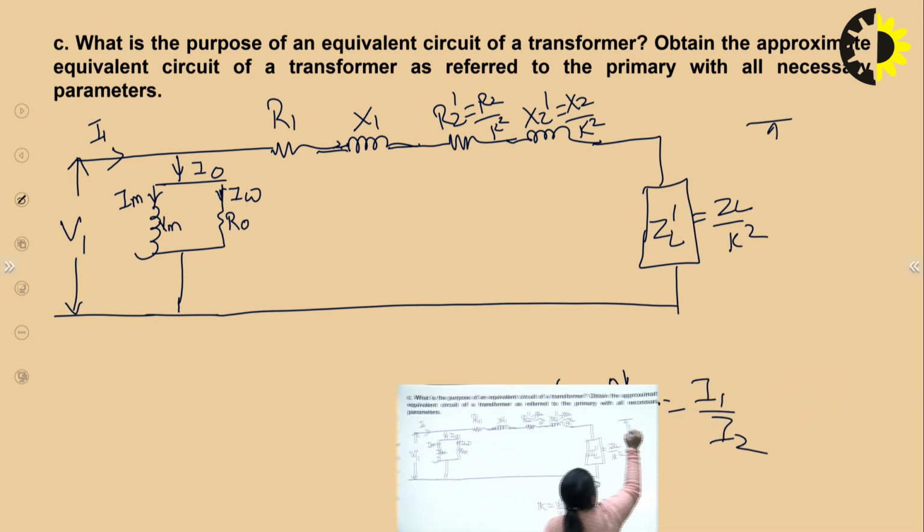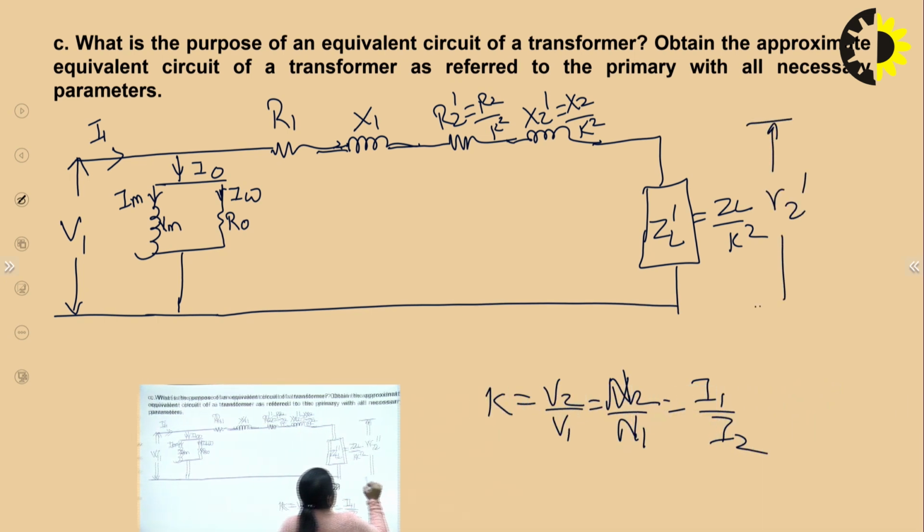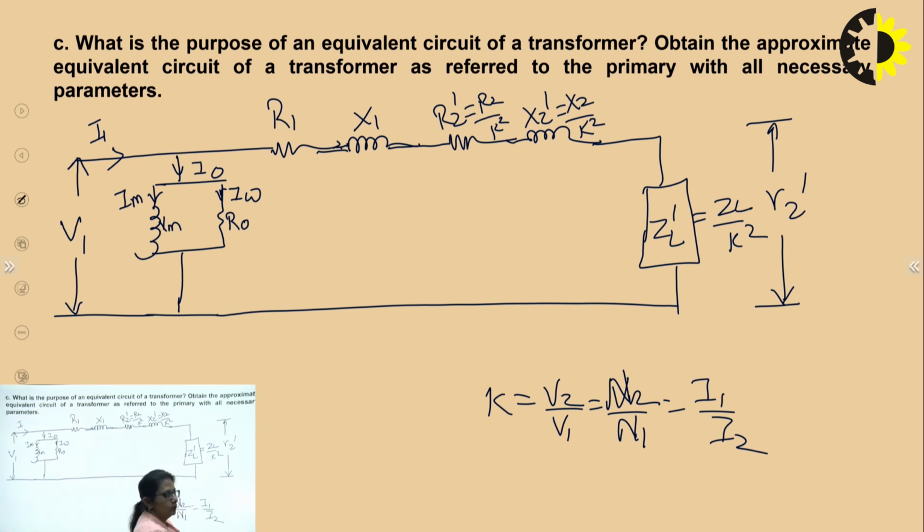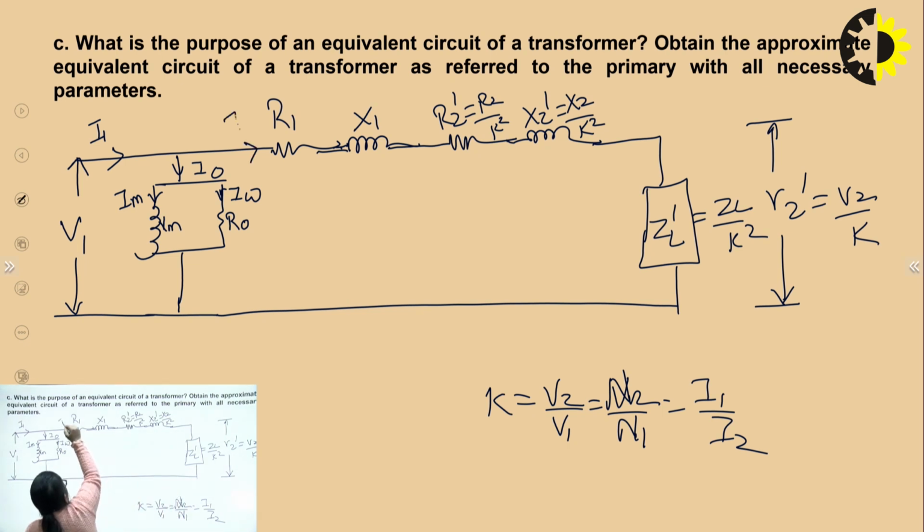The terminal voltage V2 dash is given by V2 by K. The current flowing here, that is I2 dash, is given by K times I2. In fact, minus K times I2 in phasor, right?